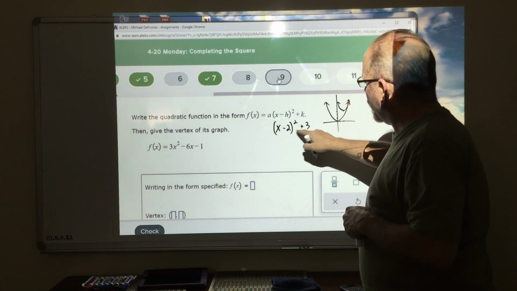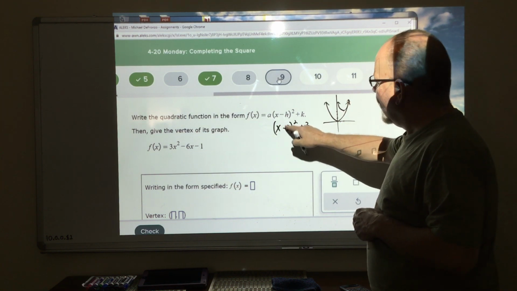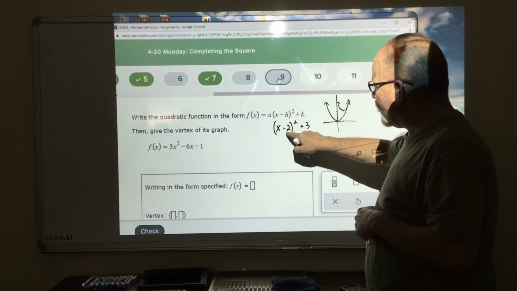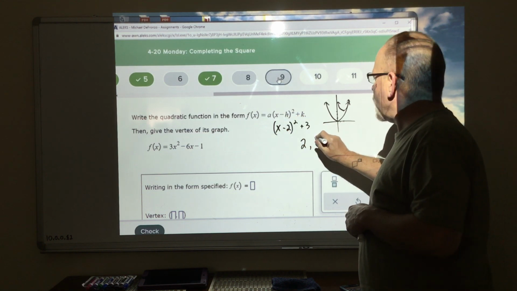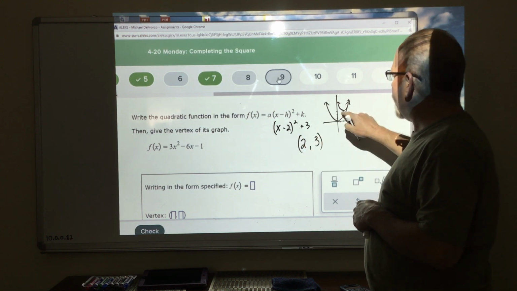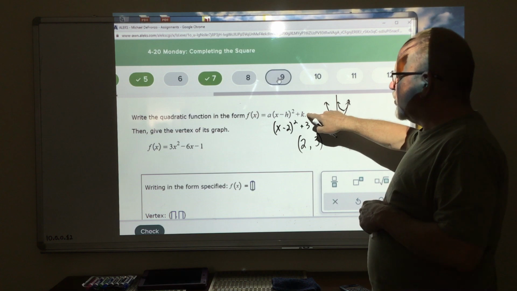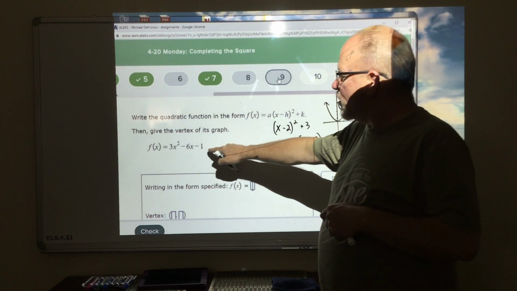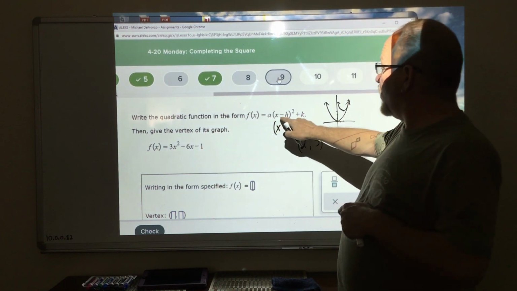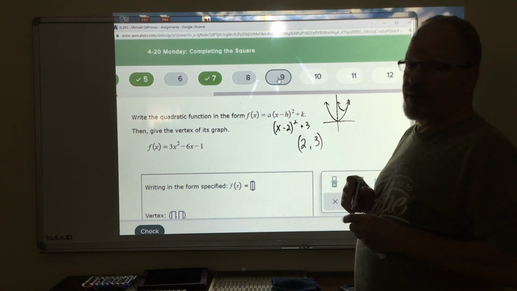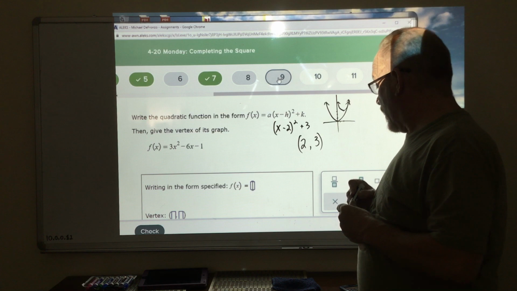And this would give you the vertex. When it's in this form, when it's minus h, this would give you the vertex of that new parabola. That's why we call this the vertex form. So what we're going to do is learn how to put this into this shape and then take the vertex out of it. So why don't we do that?